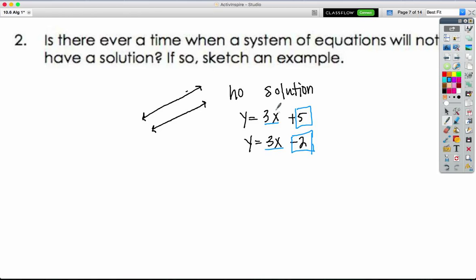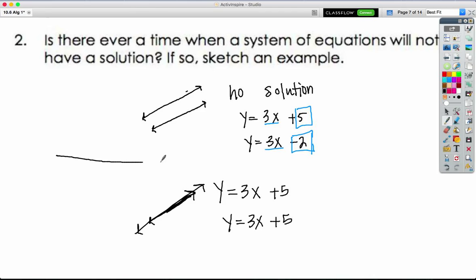So if instead of having the same slope and different y-intercepts, they had the same slope and the same y-intercept, so if I solve for y and I have two of the exact same equations, well, on a graph, that ends up being the exact same line graphed on top of itself. So this is another special situation.